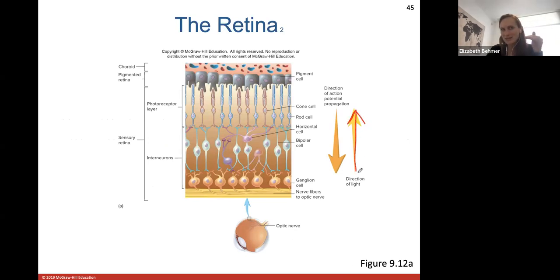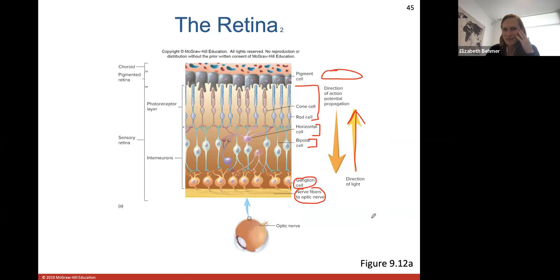What light does, so light from all the images that you see comes in and travels all the way to the back of the eye first, through this pigmented cell layer. And then it travels through the photoreceptor layer of rods and cones as an action potential through horizontal cells, bipolar cells, and eventually the direction of those action potentials gets picked up by ganglions and nerve fibers that will travel through the optic nerve to the brain.